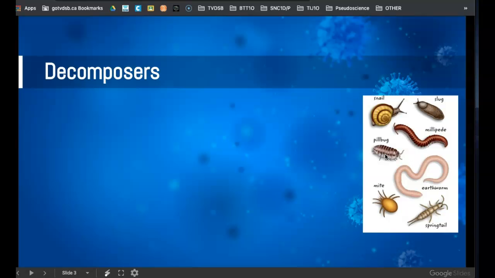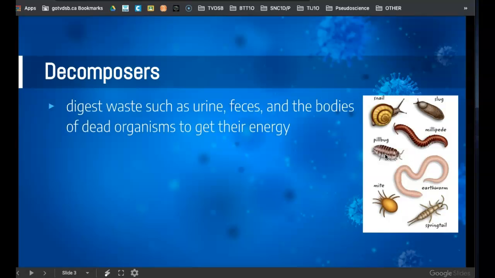That's where what are called decomposers come into play. You can see some examples over to the right. The whole purpose of decomposers is that they digest waste, such as urine, feces, and the bodies of dead organisms, to get their energy. In other words, they recycle. The things that other organisms get rid of and don't need, they can use as fuel.